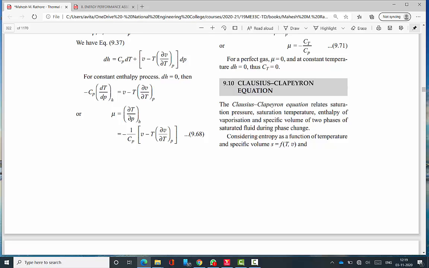Or in reverse, water to ice, a freezing process. During that phase change process, that is what saturation means.